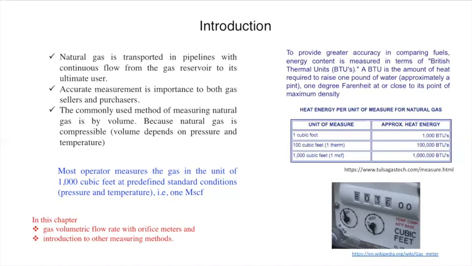Also, we'll be discussing some of the other measuring methods used for natural gas measurement. The purpose of this chapter is to introduce you to some of the common measurement technologies available for natural gas. Okay, so we'll not be going that deep. We'll only be introducing you to the kinds of instruments used in the industry.